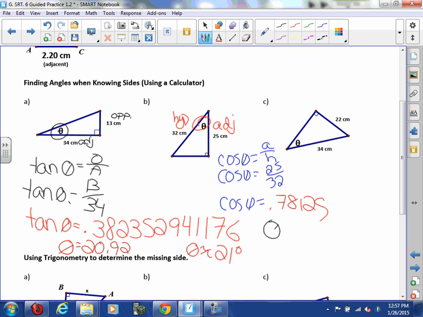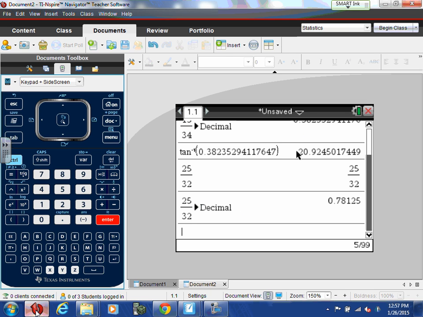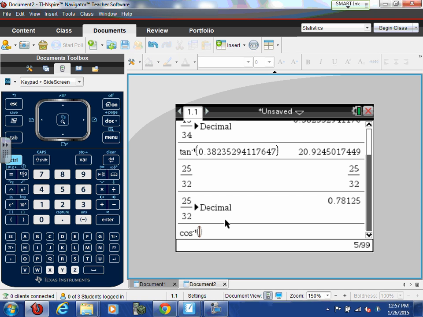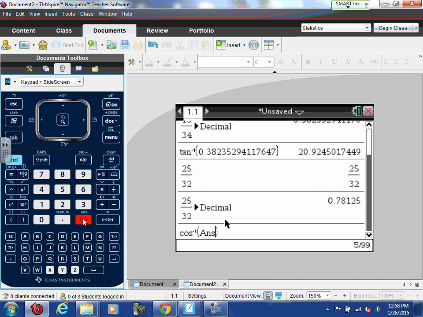Then we're going to get rid of the cosine by hitting trig, cosine to the -1. What's the negative part? It's like inverse. It's like getting rid of it. And control answer, so you don't have to type that decimal in.